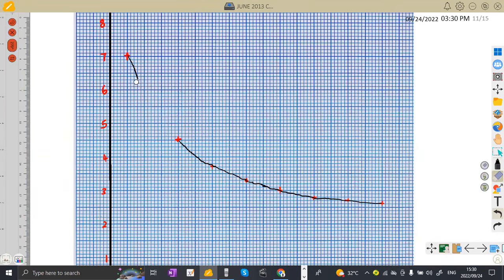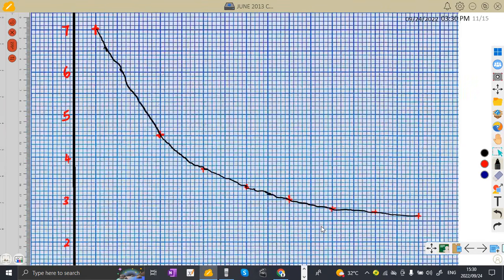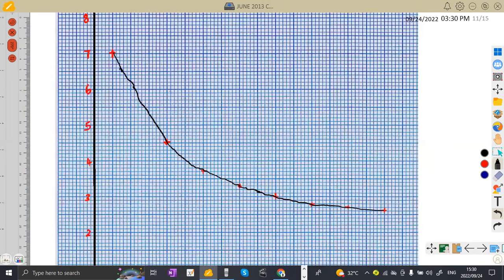Not smooth, but it looks like this. Yours has to be smooth, guys.